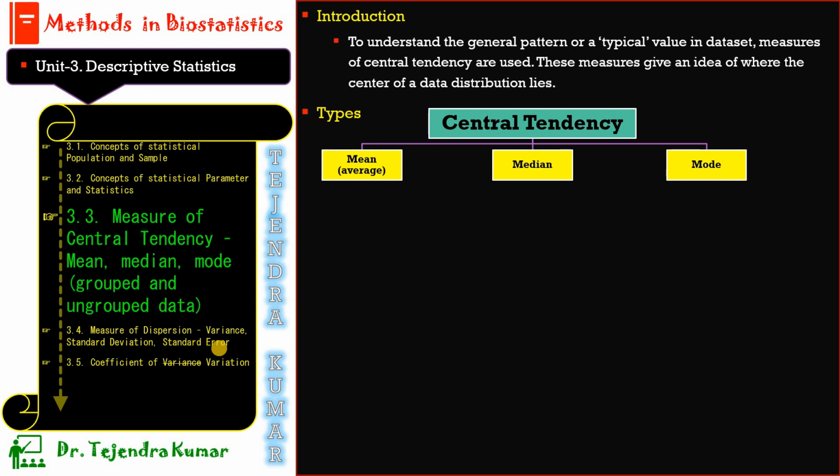Let's see some features of these. Mean. It is best for symmetrical data.